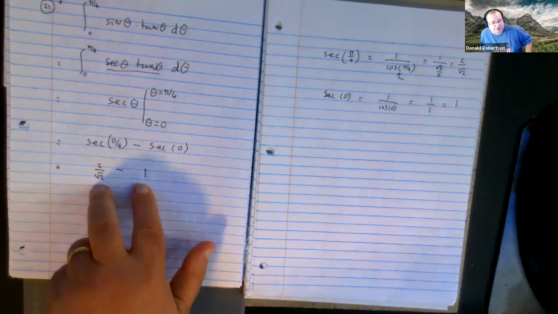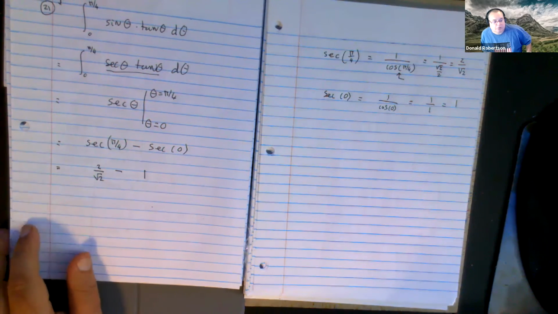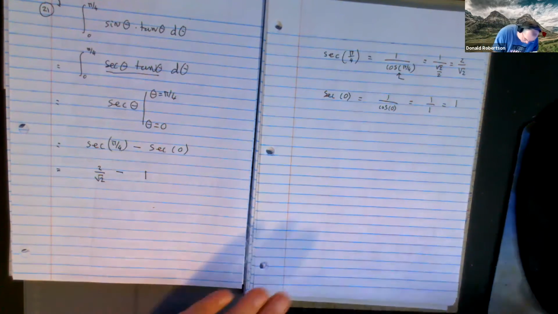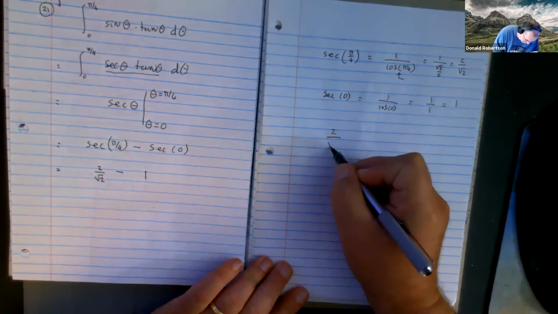Now, I don't know if WebAssign would accept that as an answer. Good chance it will. But I don't think we should leave things ugly. To me, fractions should have numbers in the bottom, shouldn't they? This is from Math 99. You would have heard it called rationalizing the denominator, which basically means get rid of the square root in the bottom.